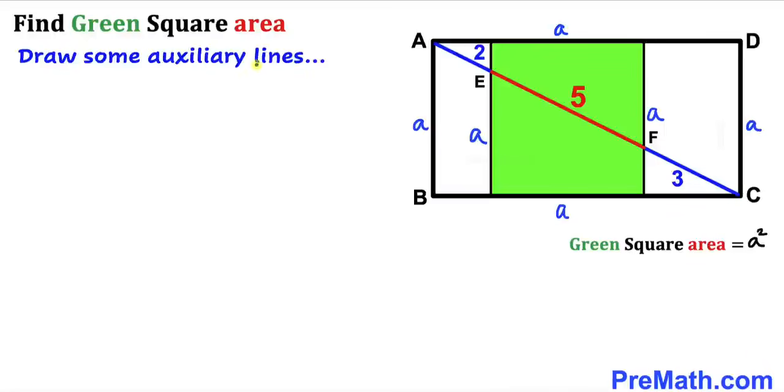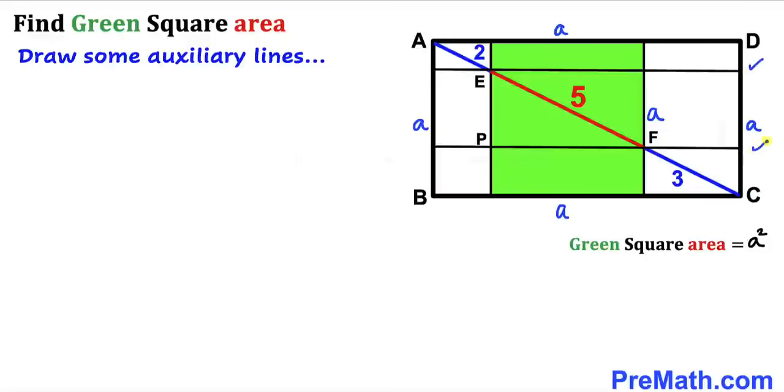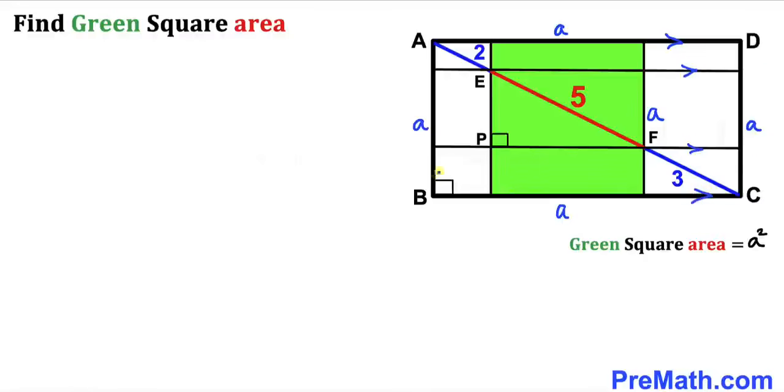Here's our next step. We are going to draw some auxiliary lines to make our job simple. As you can see, I have drawn these parallel lines. In other words, all these lines are parallel to each other. Moreover, angle ABC and angle EPF are 90 degrees each.